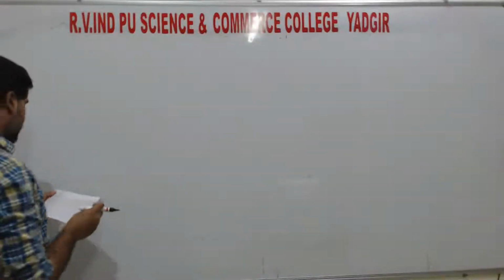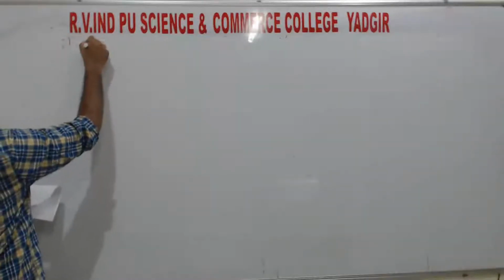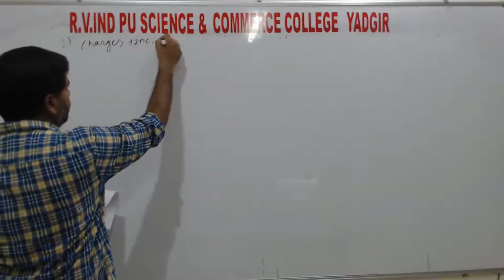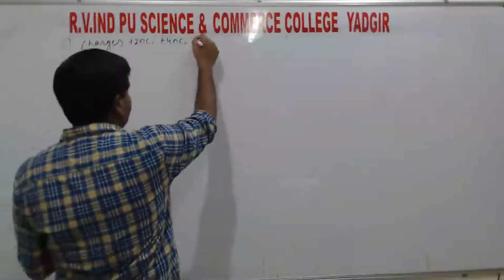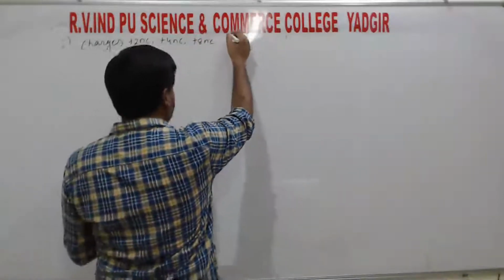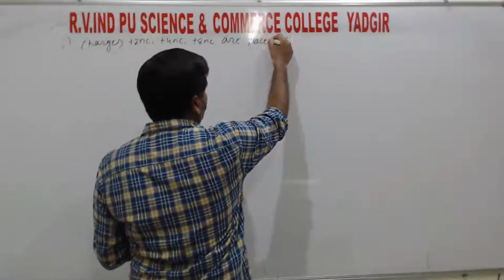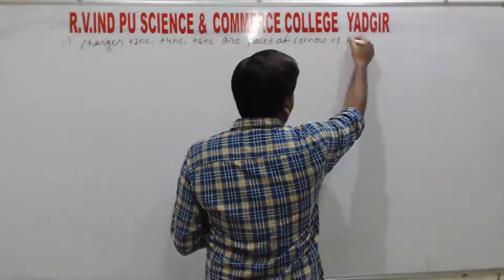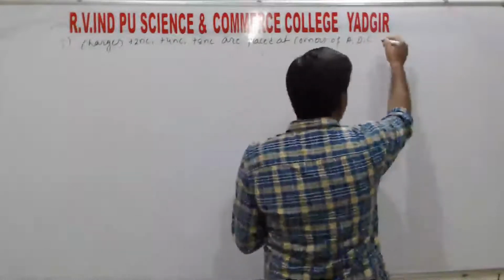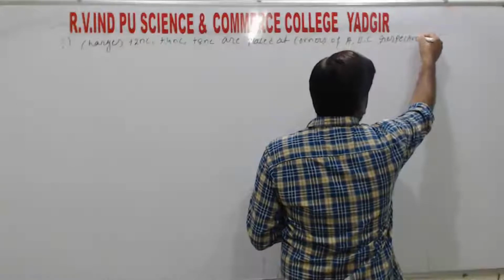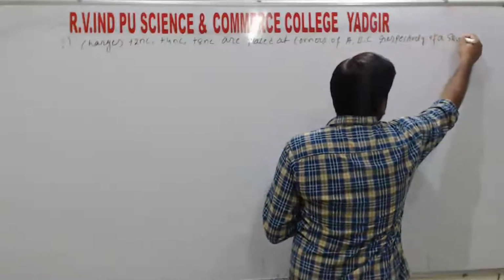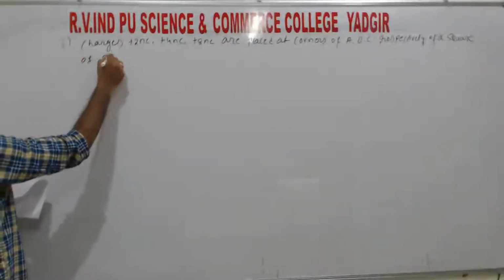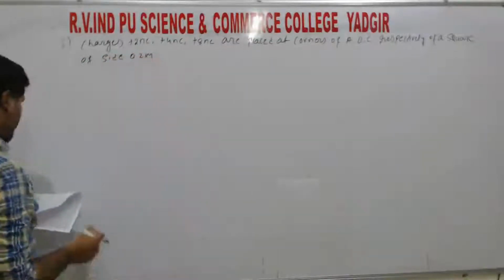So the last method in this topic is: charges plus 2 nanocoulomb, plus 4 nanocoulomb, plus 8 nanocoulomb are placed at corners A, B, C respectively of a square ABCD of side 0.2 meter.